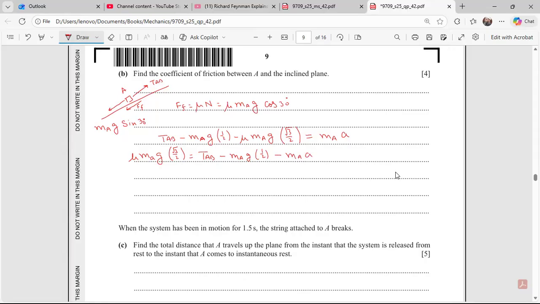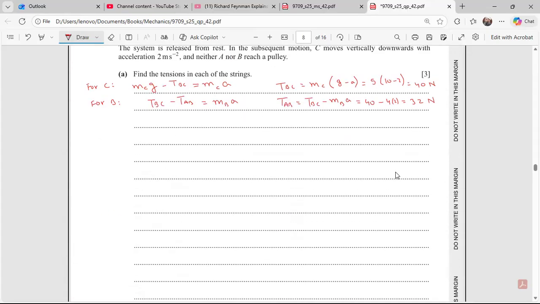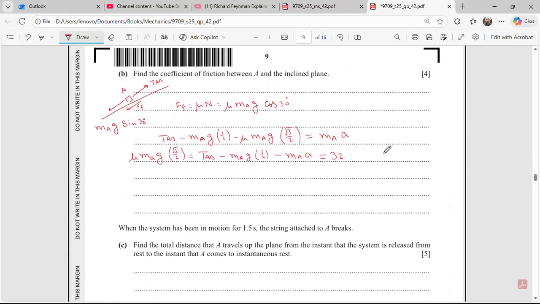Let me make sure that I'm doing everything right. Now TAB was 32. Am I right? We just found it here. TAB is 32 Newton, minus MA.